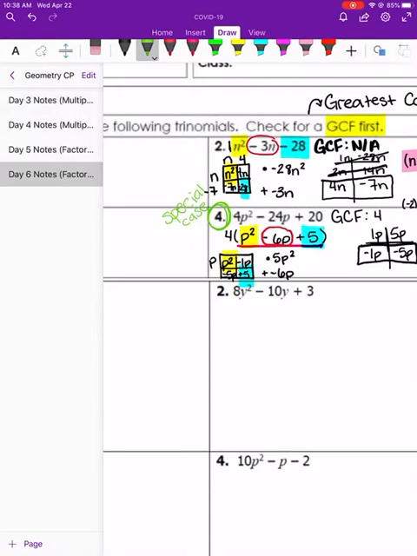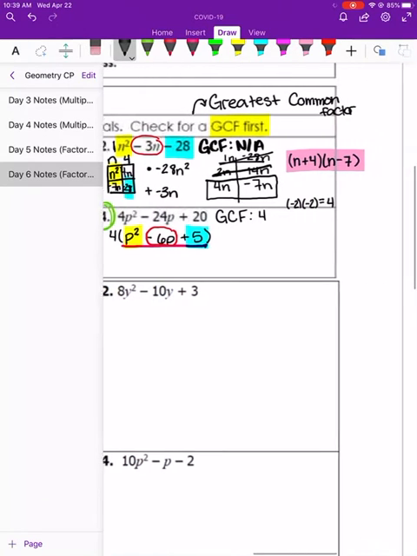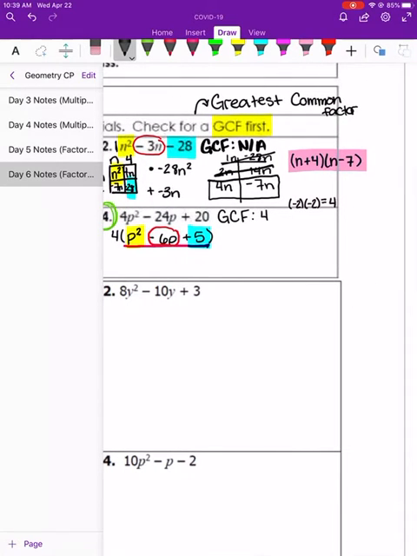If I rewrite this, I'm going to erase some of this stuff. What we had was p squared, 5, negative 1p, and negative 5p, just so you guys can see it better. We said that we could take a p out of here.